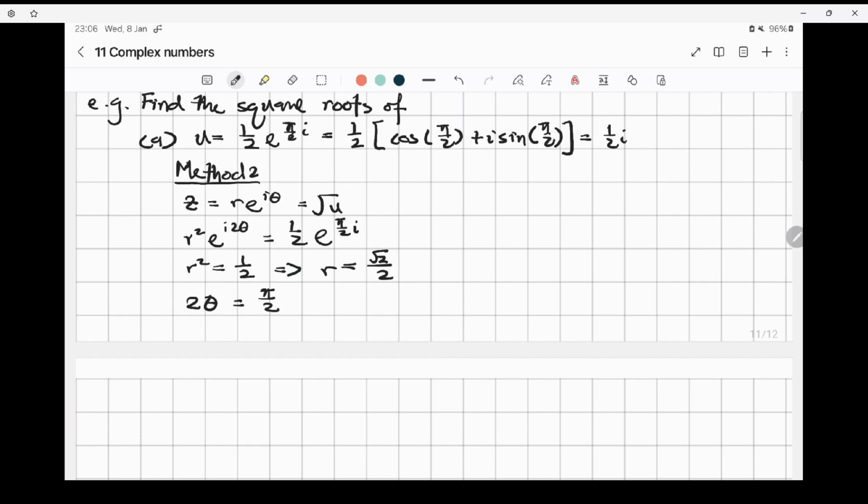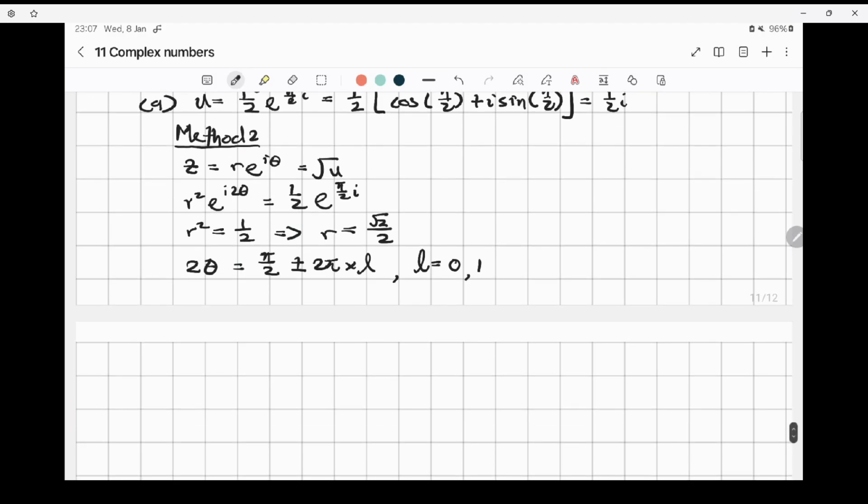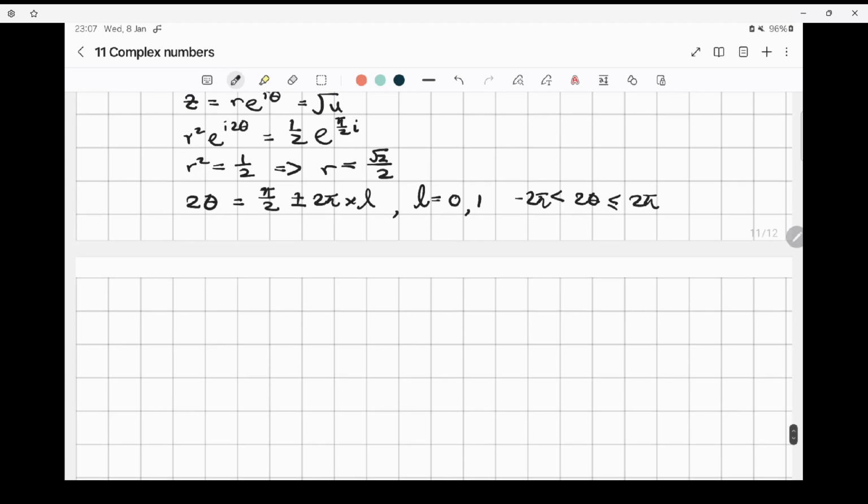2 theta equals pi over 2. Remember, you need to either plus or minus 2 pi times L. So L will be given by 0 and 1. So always remember that your theta ranges from minus 2 pi to 2 pi. Okay? So now, your 2 theta can either be pi over 2, which happens when L equals 0, or it can also be minus 3 pi over 2.